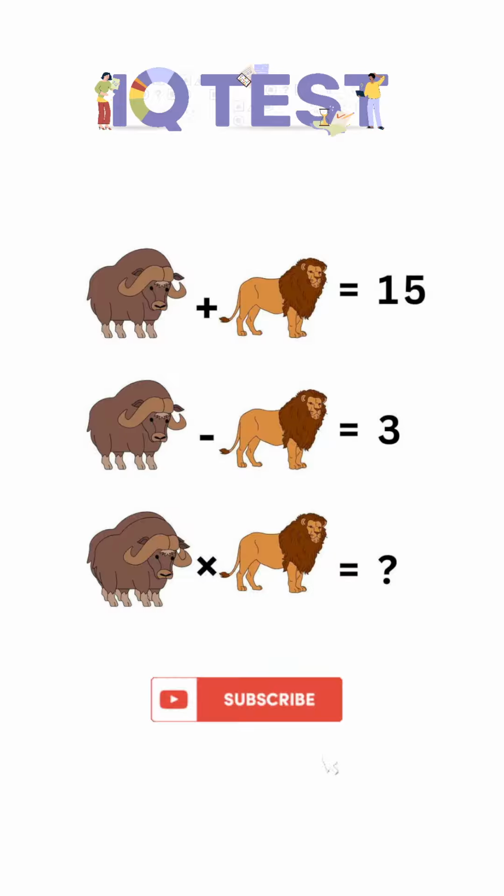The learner, so you have 1 buffalo is 9, so 2 is 18. So you multiply the 18 by what you have for the lion. Yes, so it is 108. You are correct. 100%. You are correct. All right, so let's have a look at the next one.